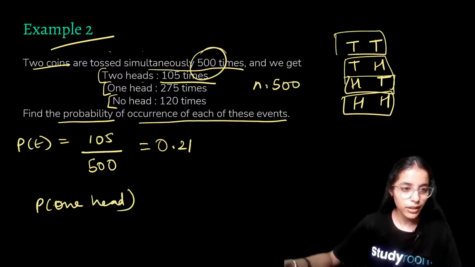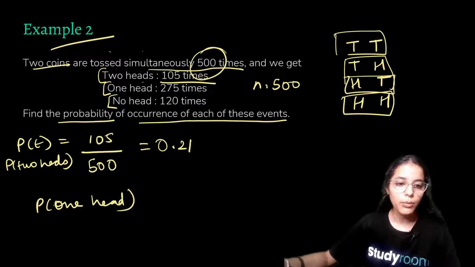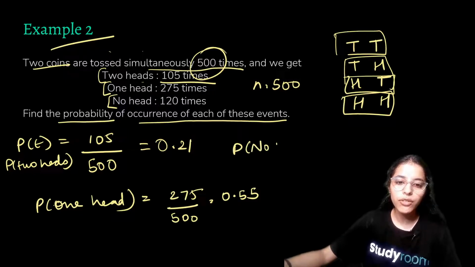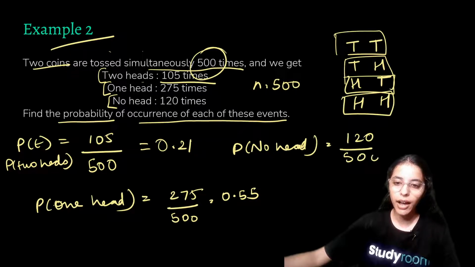Now similarly, the probability of 1 head would be 275 divided by 500, which is 0.55. Then we have the probability of no head, and that is equal to 120 divided by 500, which is 0.24.